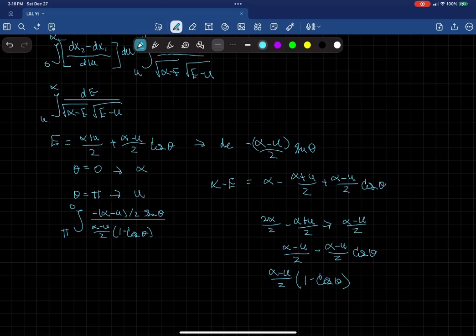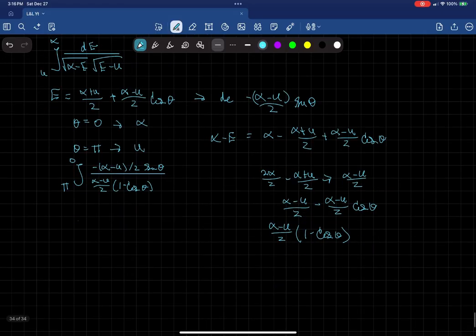And if I solve for e minus u, which equals (alpha plus u)/2 plus (alpha minus u)/2 cosine theta minus u, I can do the same thing. So I write it as (alpha plus u)/2 minus 2u/2, which just returns a value of (alpha minus u)/2.